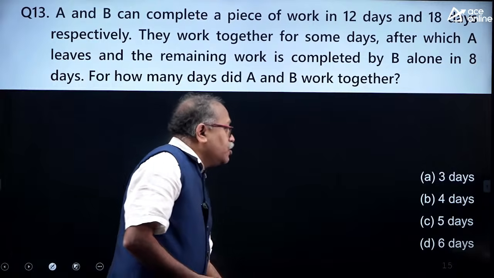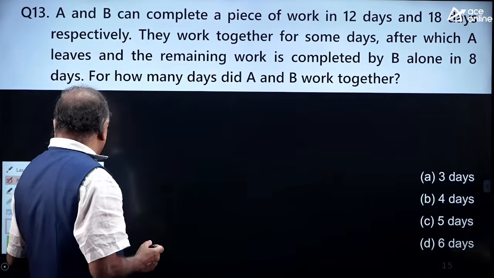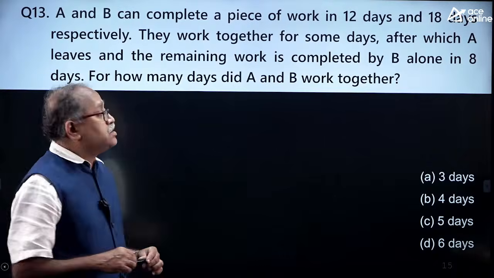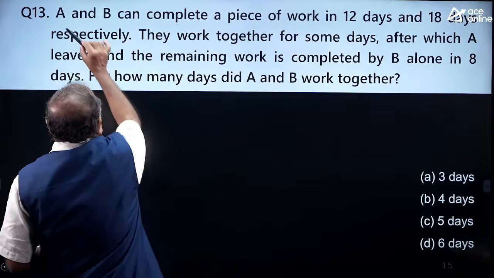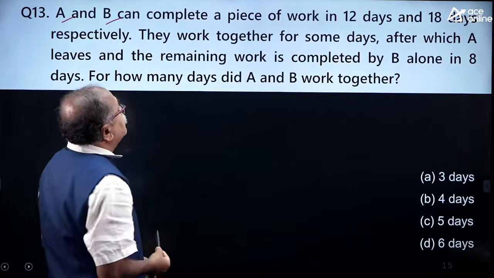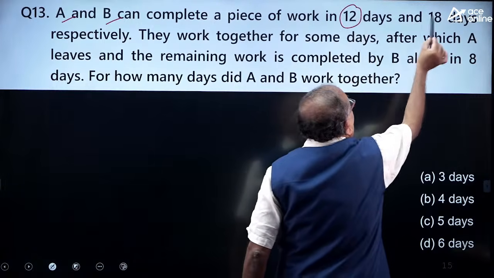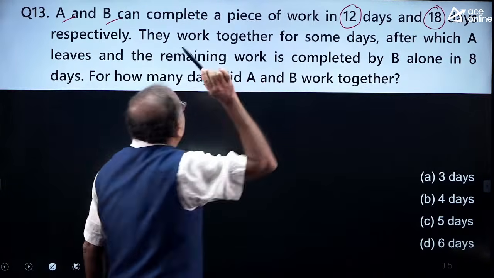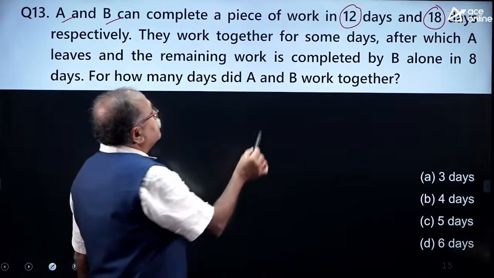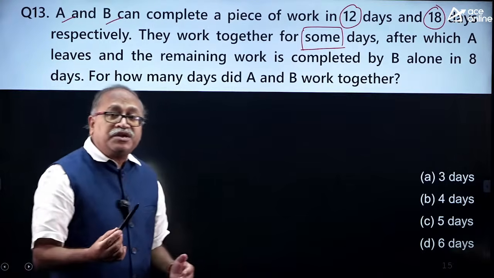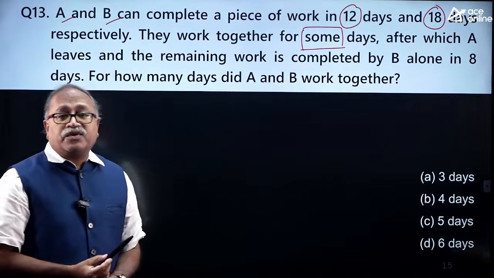Okay, now we will read it. This type of question is very commonly asked. A and B, again time and work. A and B can complete the work in 12 days and 18 days respectively. They work together for some time. Previously it used to say 3 days, or they work together for 4 days.